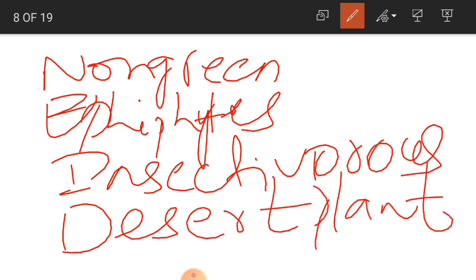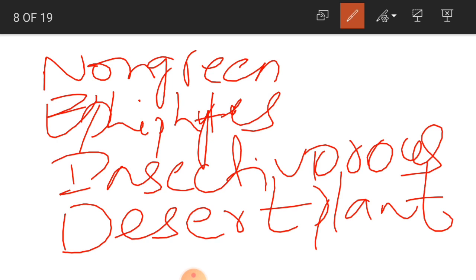We learnt about these four. So non-green plants are, for example, mushrooms. Epiphytes, for example, fern. Insectivorous, Venus flytrap. Desert plant, cactus. These are the examples. Are you clear about this?